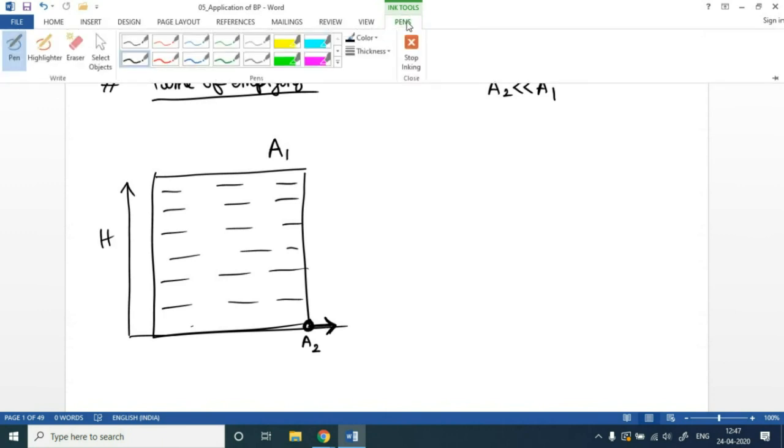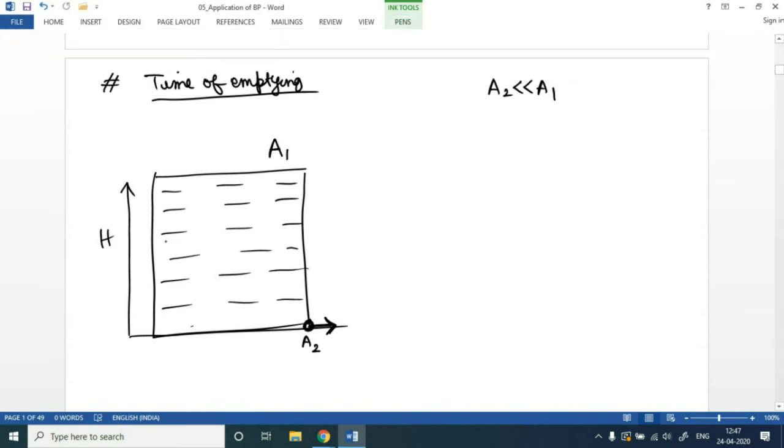For that, let's imagine at any time, say at t is equal to t, the level of the liquid will be variable, it will be coming down. So at t is equal to t, let's say the instantaneous height of the open surface of the liquid from the bottom is h.